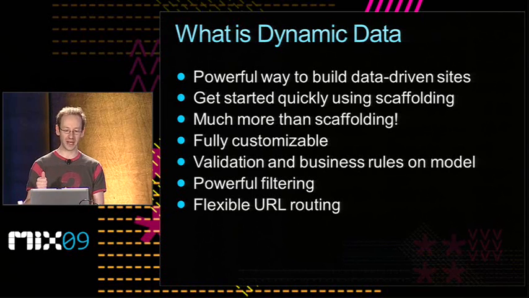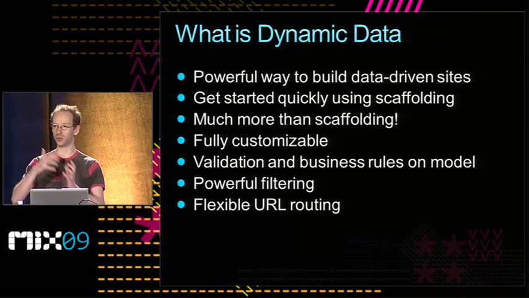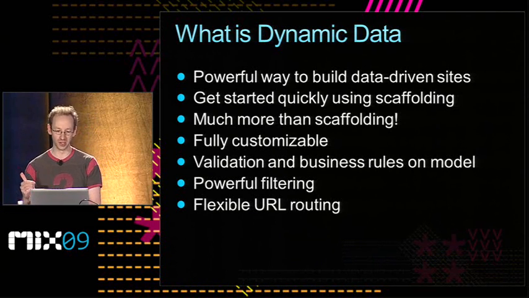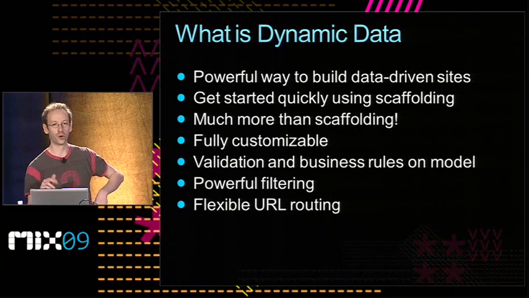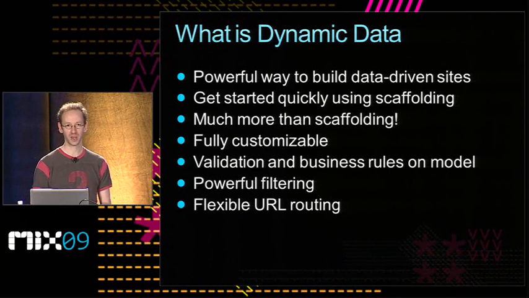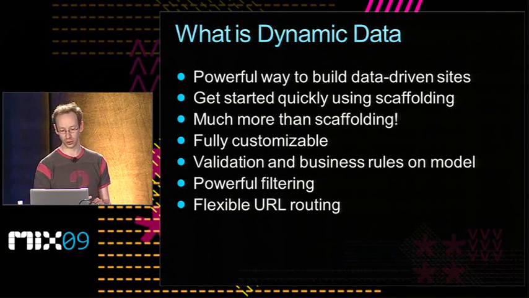What it's really good at is doing validation on your model, like setting rules for certain fields and having some UI automatically generated to enforce those rules. It also supports powerful filtering that goes a little beyond what I showed you with the query block that had the search.